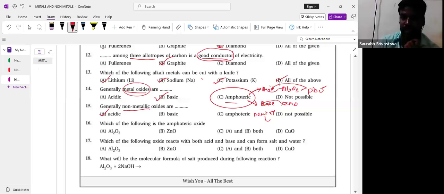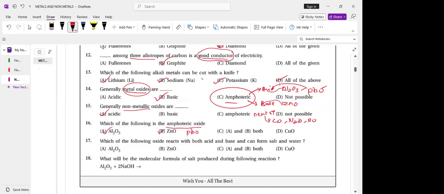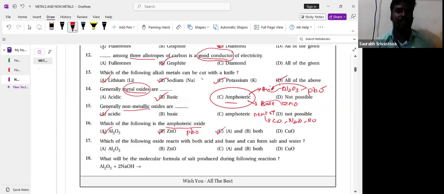Carbon monoxide is neutral, and N2O is neutral. NO is neutral. Clear, sir? You have to select that one. Okay. And next, amphoteric oxides: aluminum oxide, zinc oxide, and the next, lead oxide, are also amphoteric in nature. So the answer is C.